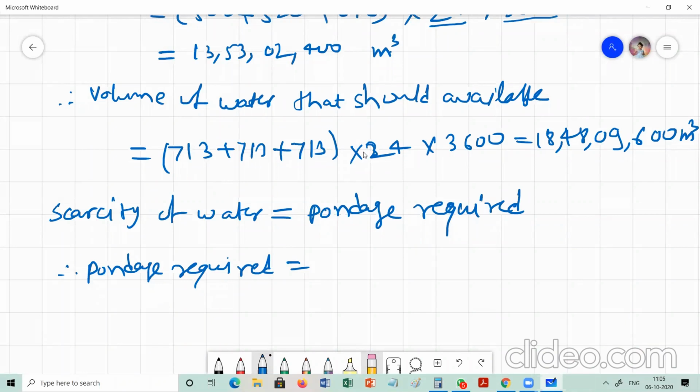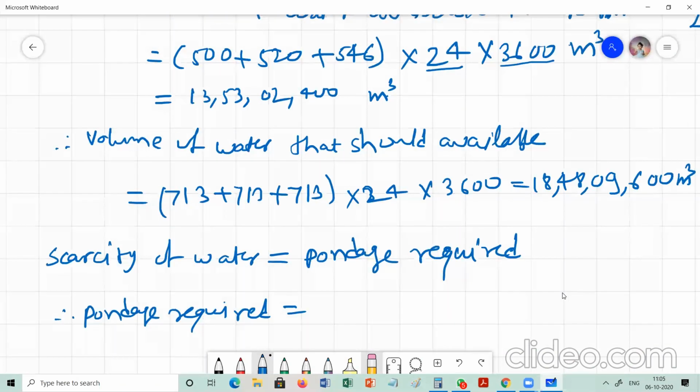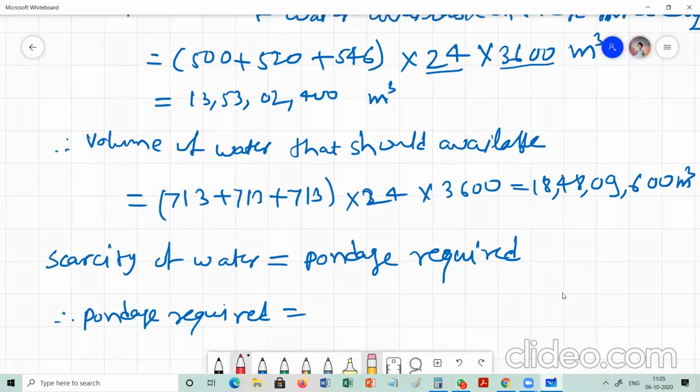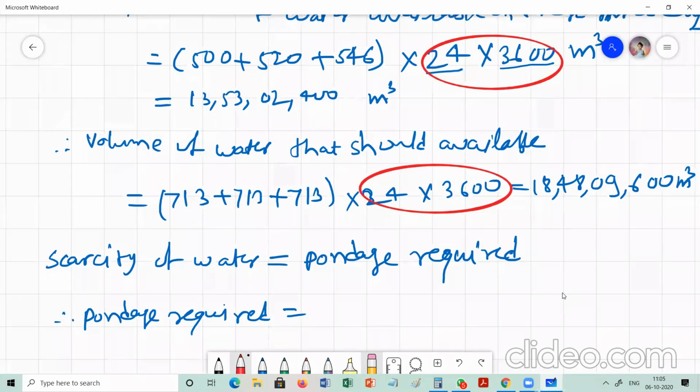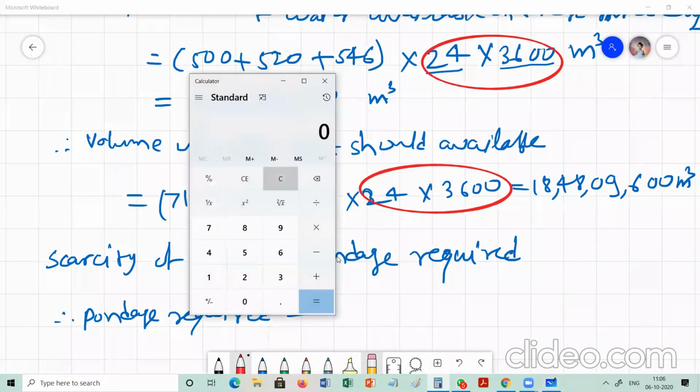Because these two numbers are common, we can write it like this: we subtract 500 plus 520 plus 546 from 3 times 713, that is 3 times 713 minus 500 minus 520 minus 546, which equals 573.